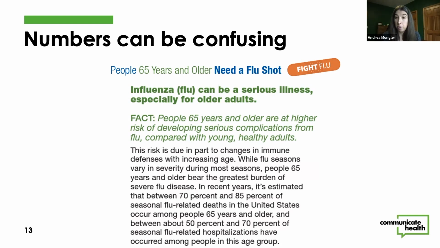And I will say this is a pretty typical example. You see this kind of thing all the time. That is 5 numbers packed into one sentence, which is a lot to take in. We want to talk about cognitive load. That's a lot for people to remember from the beginning to the end of that sentence. It's percentages, which can be confusing for people, and we will talk a little bit more about that too.